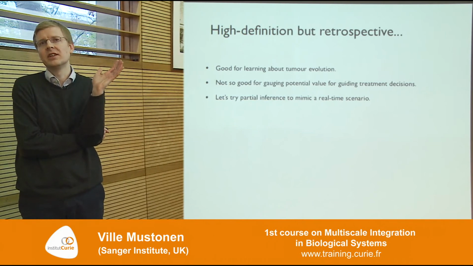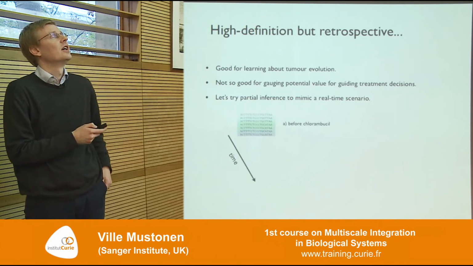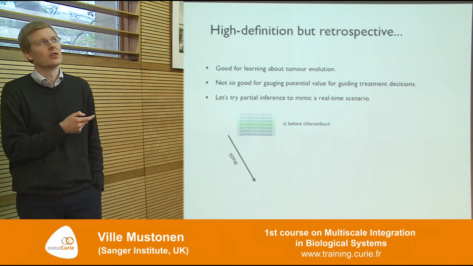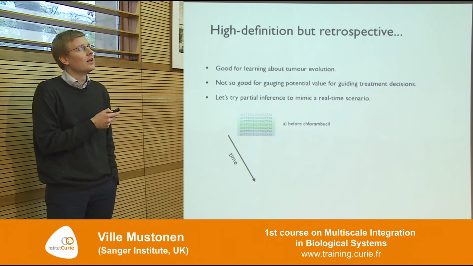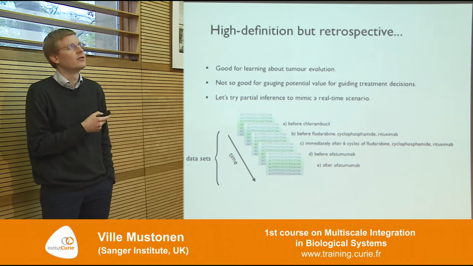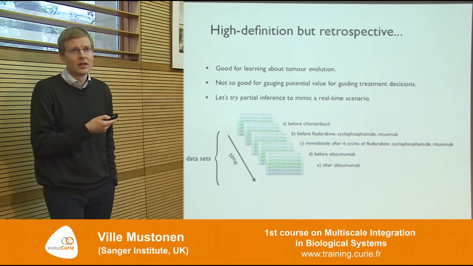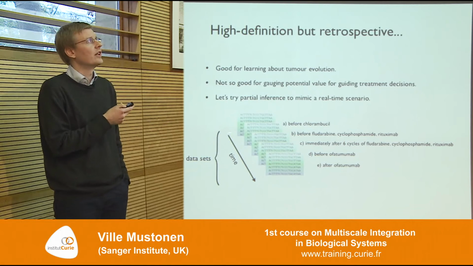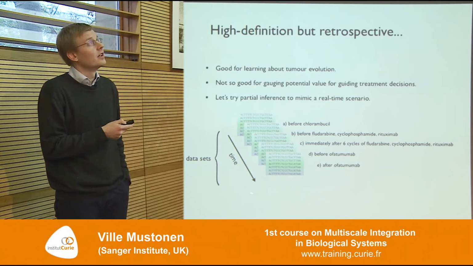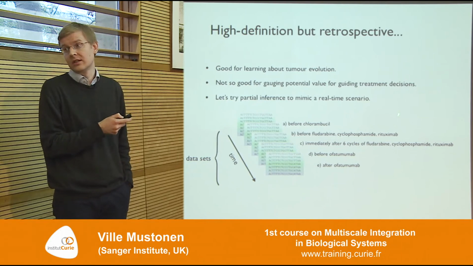And we basically formed 5 different data sets. So we divided the whole data set into 5 different ones. So first you have one time point only, then the first 2, first 3, first 4, first 5. And then we try to essentially repeat the inference that we have done.